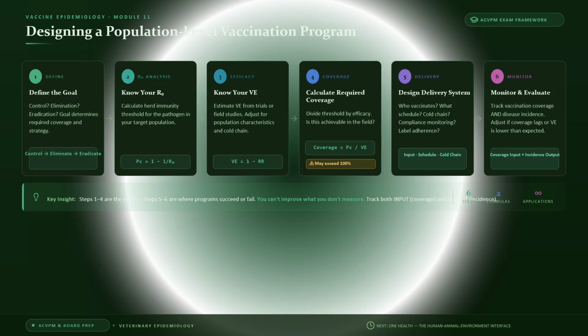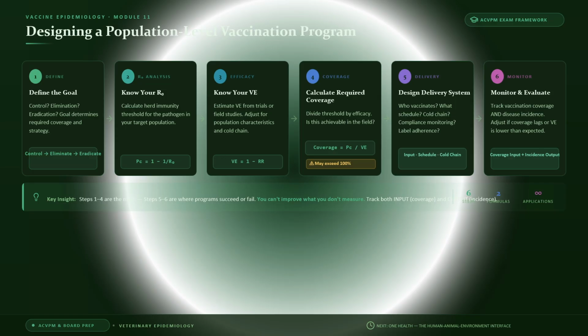Step 5, design the delivery system. Who vaccinates? What schedule? How do you hold the cold chain and monitor compliance and label adherence? This is the operational reality. Step 6, monitor and evaluate. Track both inputs and outputs, vaccination coverage and disease incidence, and adjust when coverage lags or VE comes in lower than you hoped.